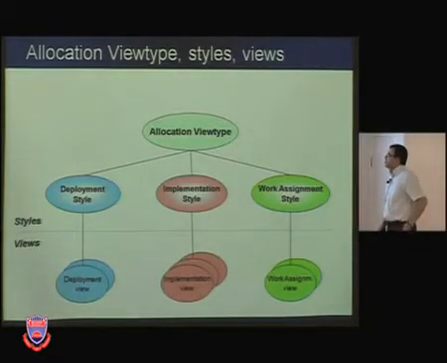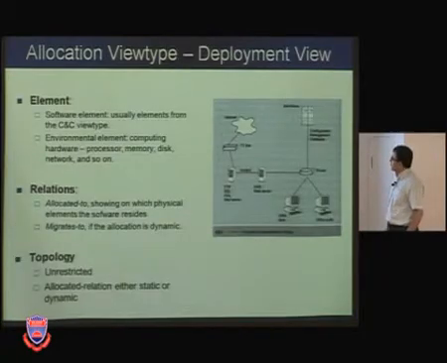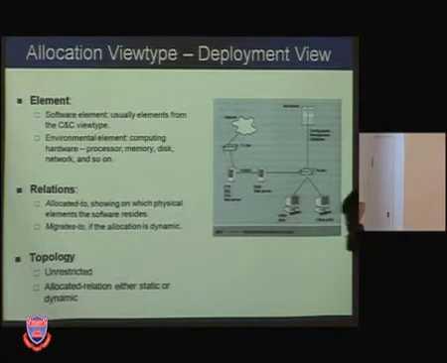Again, the picture is similar. At the top we have the allocation view type, we have the styles, which define the constraints and the relations, and if we instantiate, we get the views. For the allocation view type, the first view is the deployment style, which maps software to hardware units.